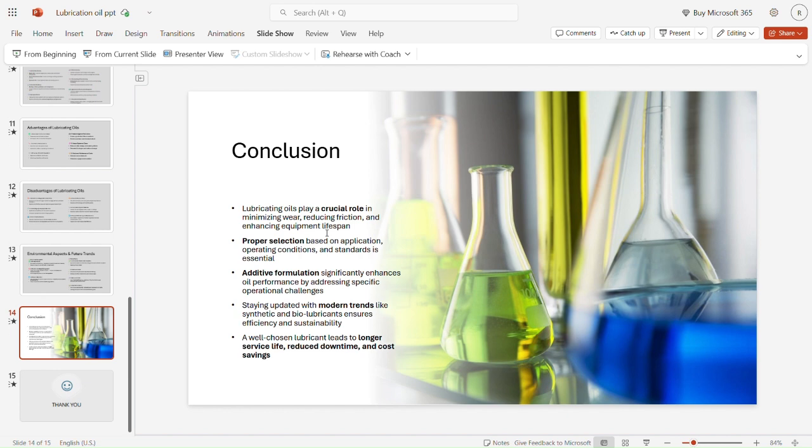Proper selection based on application, operational condition, and standards is essential. Additive formulation significantly enhances oil performance by addressing specific operational challenges. Staying updated with modern trends like synthetic and biolubricants ensures efficiency and sustainability, and well chosen lubricants lead to longer service life, reduced downtime and cost savings.